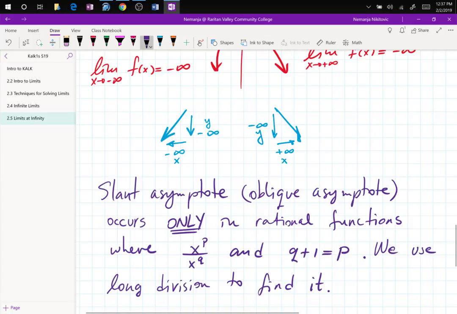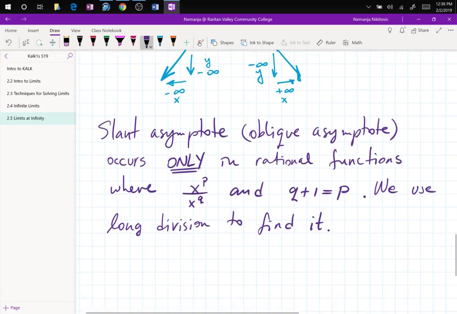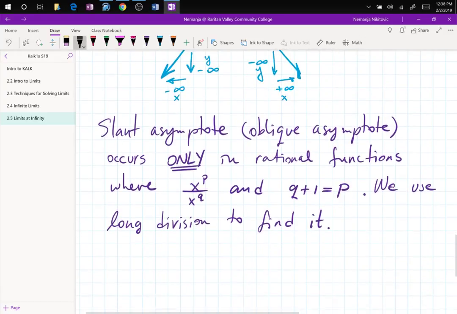I'll make sure I mention it so you can review your polynomial division. Your calculators can't do that. So you have to learn it, you should have learned it a long time ago, the way to divide this. Good.